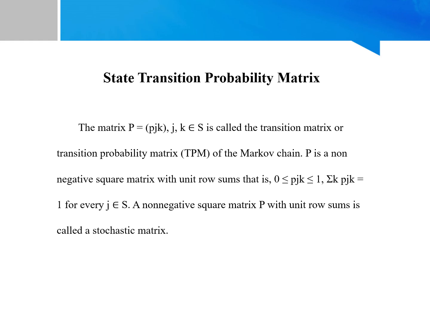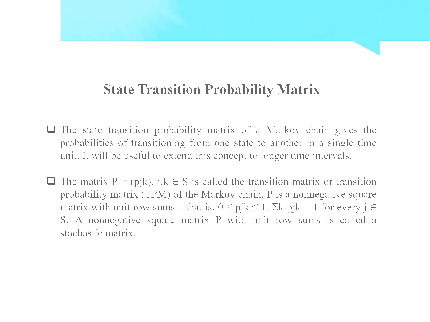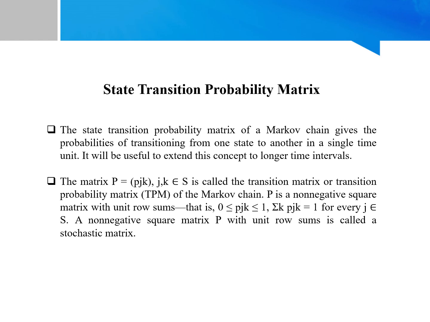The sum of P_jk over k is equal to 1 for every j. A non-negative square matrix P, the transition probability matrix, with unit row sum is called a stochastic matrix.